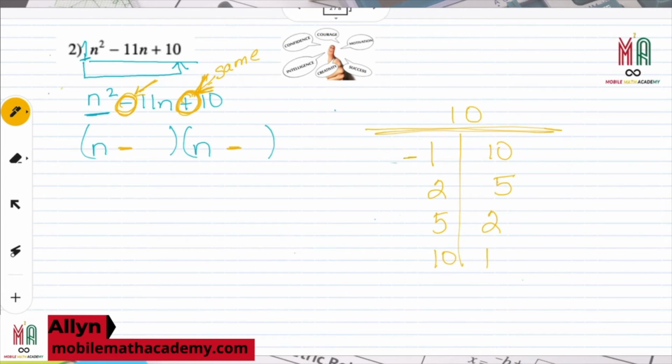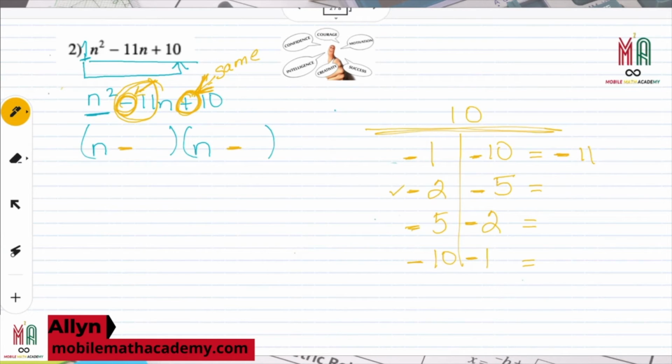So now I need to make sure that I put a minus in front of each one because I need to figure out, when I add these together, remember integer addition, my goal is to get a negative 11 for my middle term. So negative 1 plus negative 10 gives me negative 11.